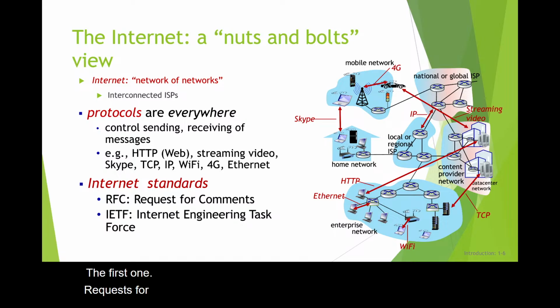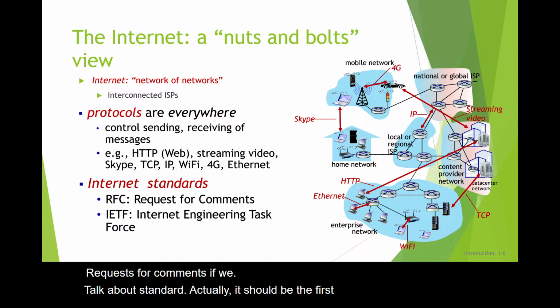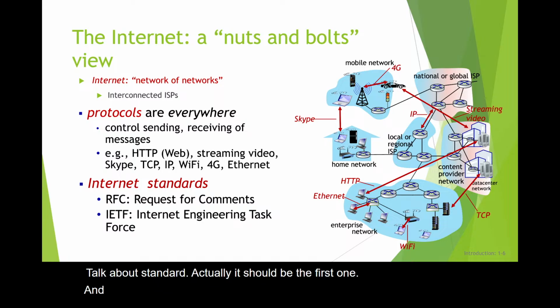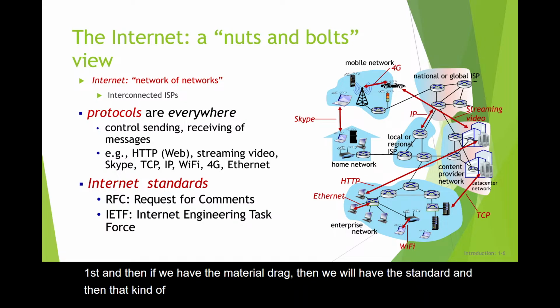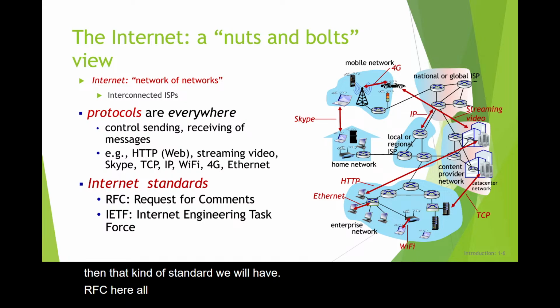If we talk about standards, actually it should be the first one. And the IETF provides a draft. We will have a draft first, and then if we have the material draft, then we will have the standard, and that kind of standard we will have as an RFC here. So for the internet standard, we have RFC, and then we have the standard there.